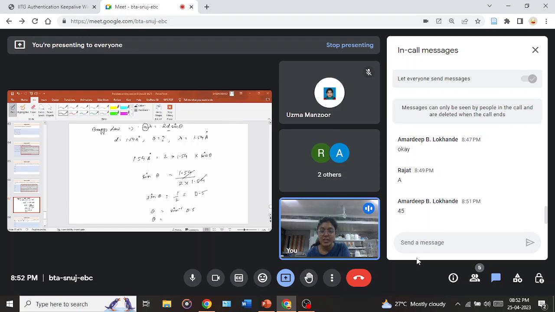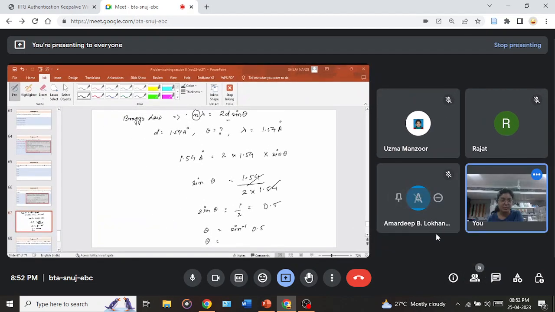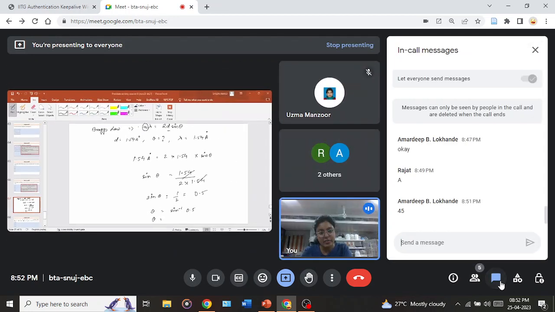How come sine inverse 0.5 is 45? Just take your calculator in hand and check whether sine inverse 0.5 is 45 or 30. Can you verify whether it is 30 or 45?